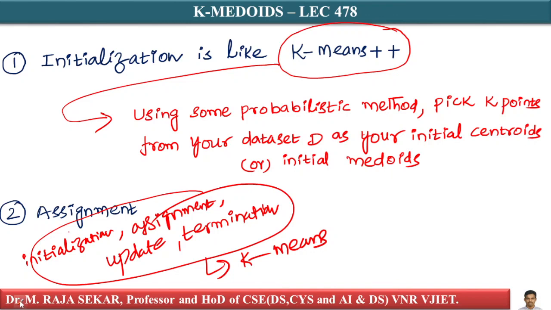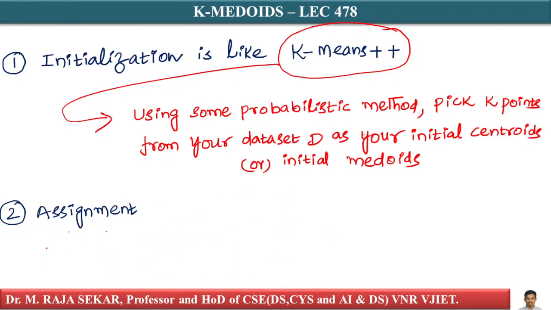Assignment again, the same thing. We use the closest medoid method. We use proximity again.